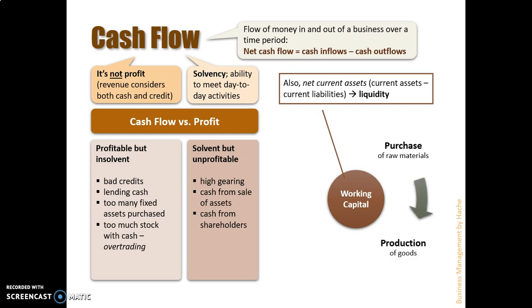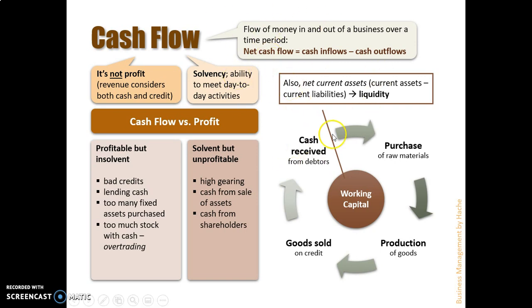Then we produce our goods, we provide the service, then we sell the products. If they are sold on credit, and this is a situation, we might have to wait until we get the cash back from our debtors, and then when we have the cash back, we finally can again purchase raw materials, and so the cycle goes on and on.